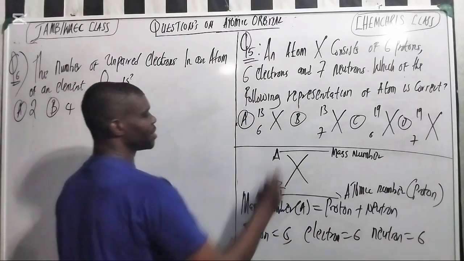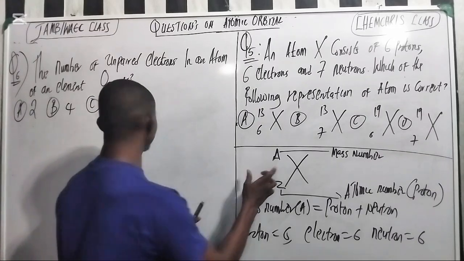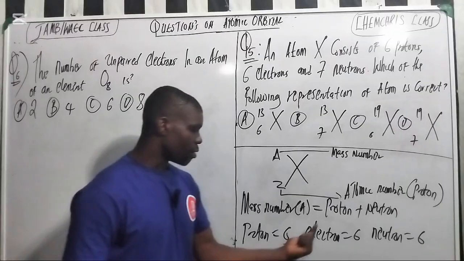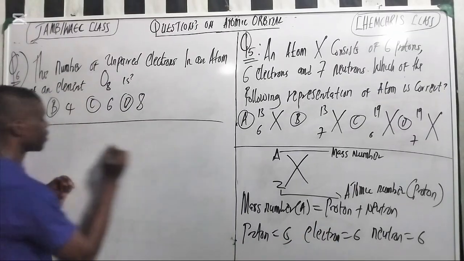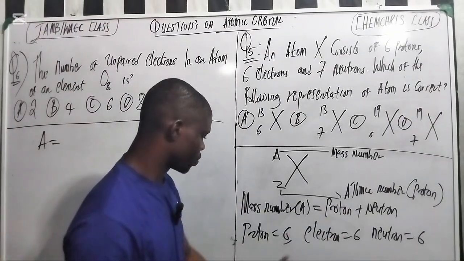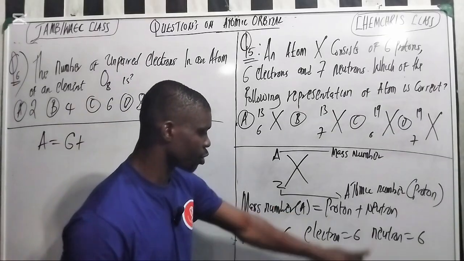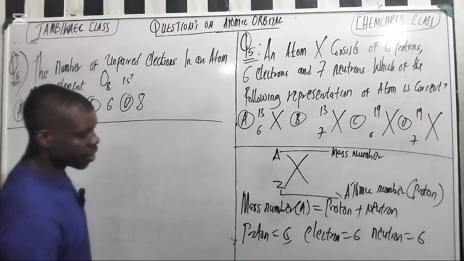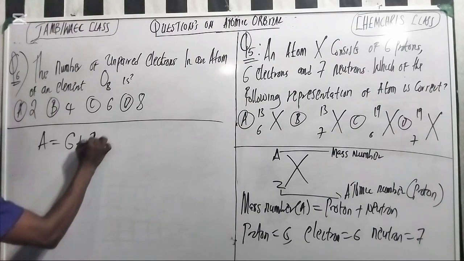So now let's write the atomic symbol. First, we want to get our A. Our A is proton plus neutron. So my A is equal to my proton, which is 6, plus my neutron, which is 7.